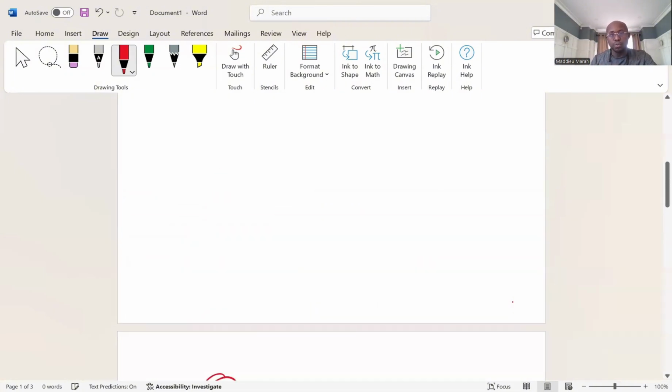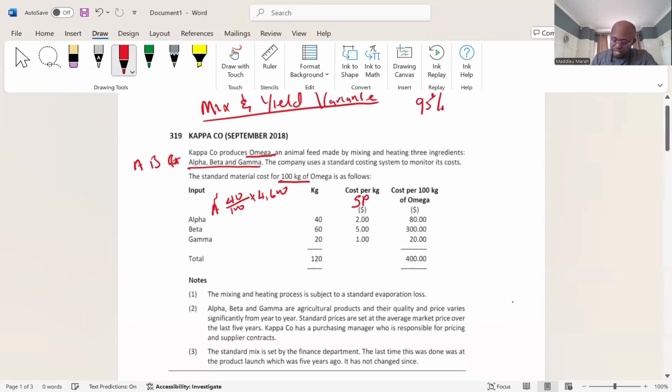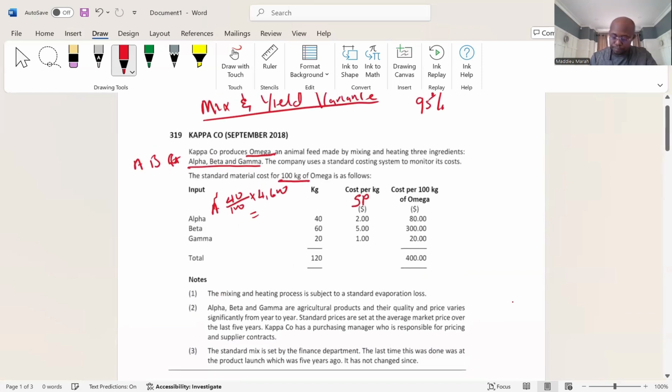So this will give me 1,840. This is my standard usage for alpha. So what's my standard usage for beta? You can do this, right?